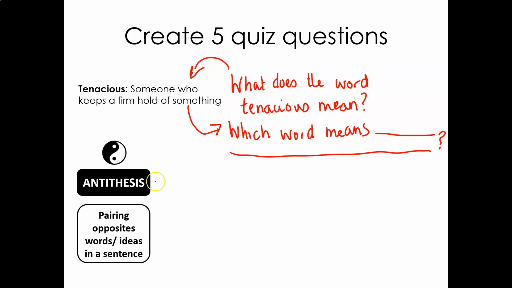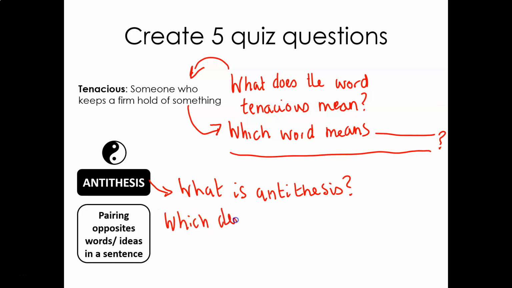Equally, I can just choose a rhetorical device, such as antithesis. So, what is antithesis? But also, I could say which device means, device is, and use the definition, the pairing of opposite words in a sentence.